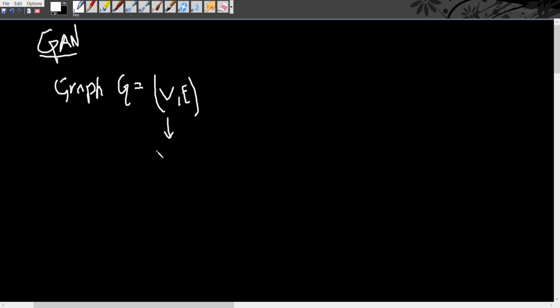First of all, let's begin with the introductory definition of a graph. A graph G is an ordered pair (V, E), where V are the vertices and E is the set of edges, where V is a non-empty set and E is a binary relation.